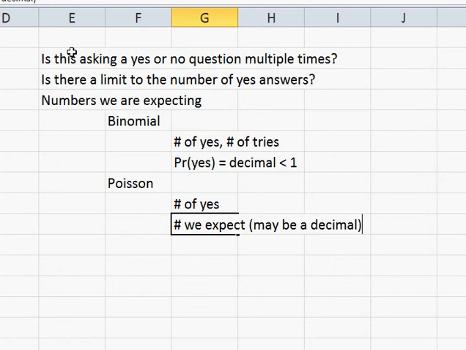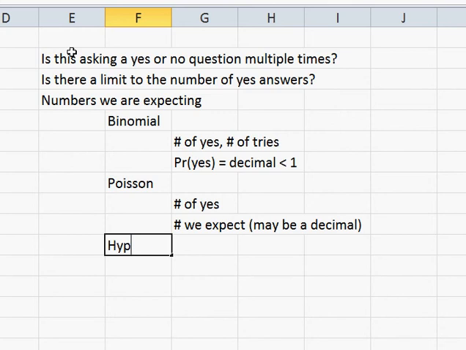So for example, you can think about saying, well, I expect 12.2 cars to show up during the lunch hour at McDonald's, but it doesn't make sense to say what's the chance 12.2 cars show up. We can have 12.2 coming on average, but in reality it's going to be either 12 or 13 or some other number. So the number we're asking about has to be a whole number, but on average we can have a fraction.